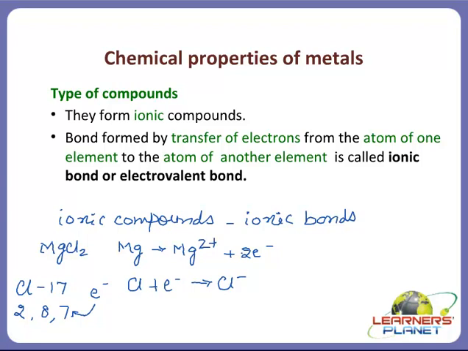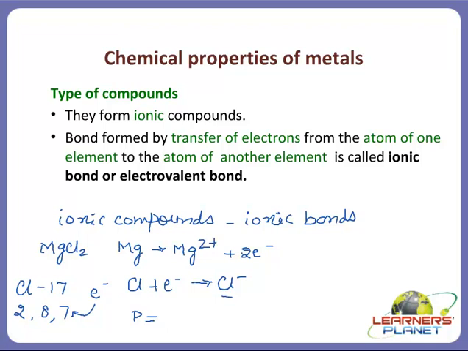Why minus, children? Because in this ion, how many protons are there? You must be knowing that in an atom there are protons and neutrons. Protons are present in the nucleus and electrons are present surrounding it. In a neutral atom, the number of protons is equal to the number of electrons.